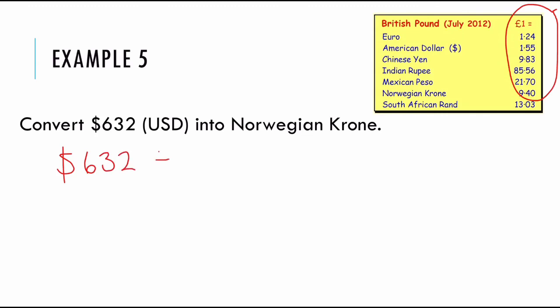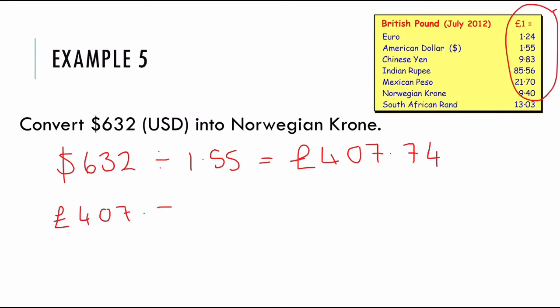So if we're changing back to pounds, we're dividing by the exchange rate, which is 1.55, which gives me £407.74 rounded to 2 decimal places. Now we want to change to Norwegian krone, so we take what we just found in pounds and multiply it by the Norwegian krone exchange rate of 9.40. And that gives me 3,832.77 Norwegian krone.